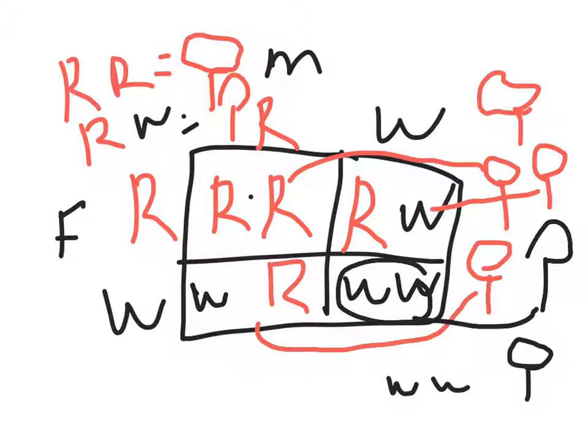And there we have it. So this is a 3 to 1 ratio if red is dominant. This is the F2 generation.